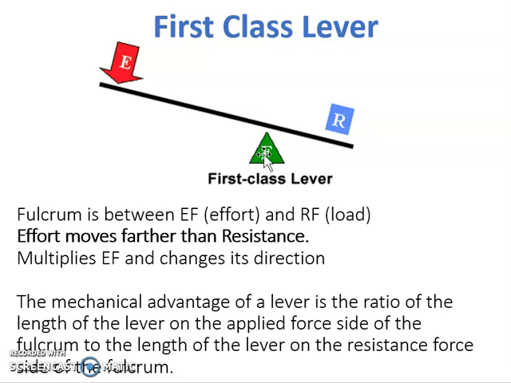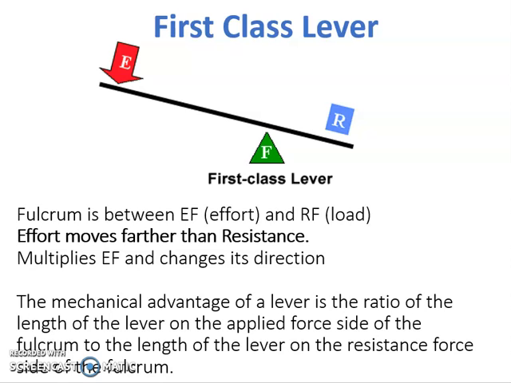Depending on where I put this fulcrum, there needs to be more or less effort in order to move the load. For example, if I put the fulcrum over here, I would require more effort to push something. And where this fulcrum is can really change how much work is happening.